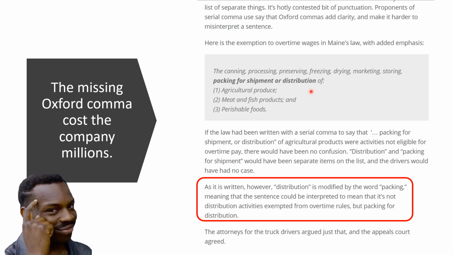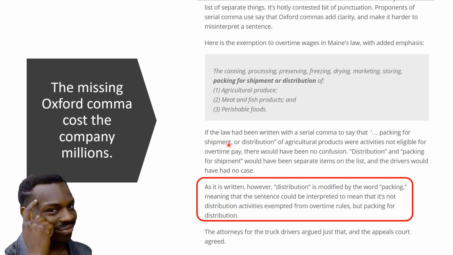Now, why was their appeal granted, or why did they win the case? Here's the explanation. If the law had been written with a serial comma or an Oxford comma to say that packing for shipment, that's what is missing. The Oxford comma is not in the law.